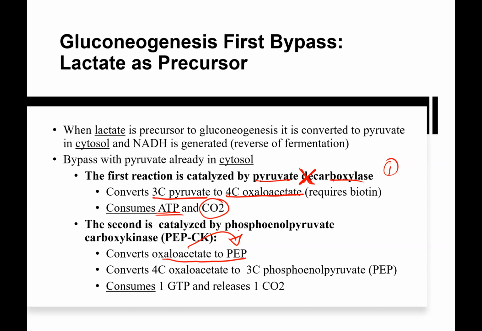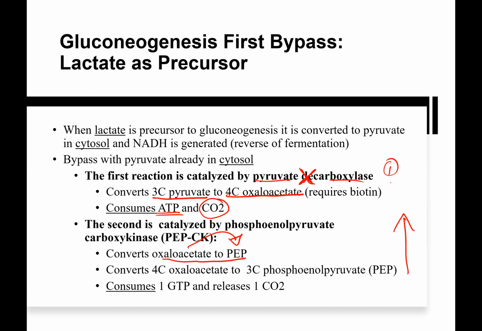So as you may recall, PEP is an intermediate of glycolysis, but in this case, instead of going from PEP to pyruvate, obviously we're going from PEP to, I don't know, $100 to anyone who can remember what's before PEP. 2-phosphoglycerate. So we would go to 2-phosphoglycerate, and up and up, right?